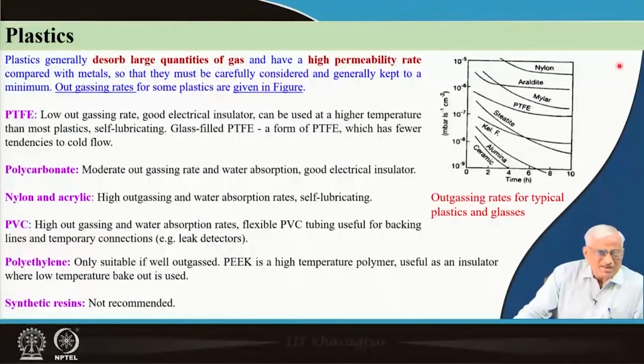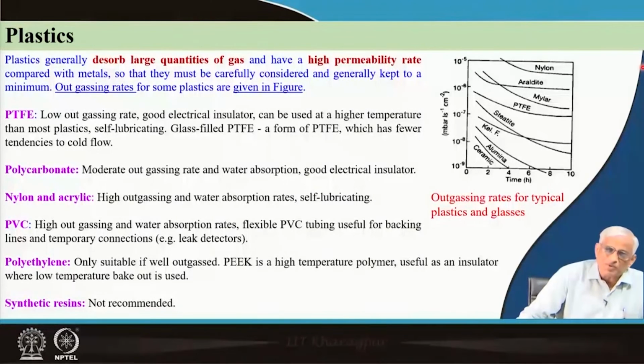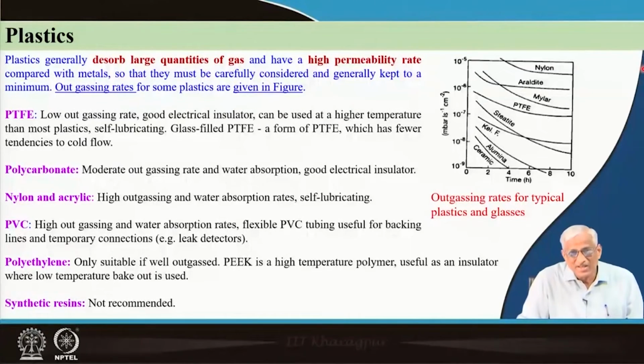Plastics are not really used much in vacuum technology, but in rough vacuum up to 1 torr, 10 power minus 1 torr, you can use plastic bottles, because there are large scale applications of vacuum technology in relatively poor vacuum, medium vacuum, etc. We have to handle distillation, chemical, pharmaceutical applications, etc. There the vacuum level is not much, but chamber sizes are big, flexibility is required, and later you have to put it in some containers.